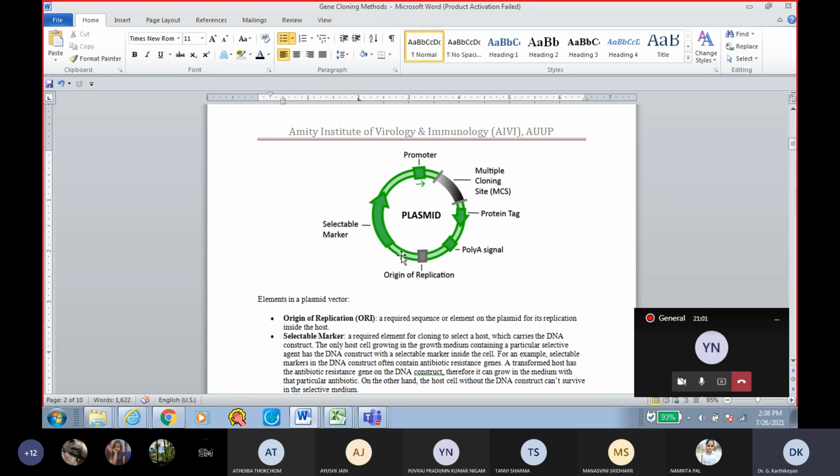When you transform an auxotroph, which cannot synthesize leucine by itself, with this plasmid, you can see which cells are now able to grow in a medium not having leucine, because they have this gene responsible for leucine synthesis. You could use that as a selectable marker. But typically for routine molecular biology experiments, it is generally antibiotics which are used as a selectable marker.